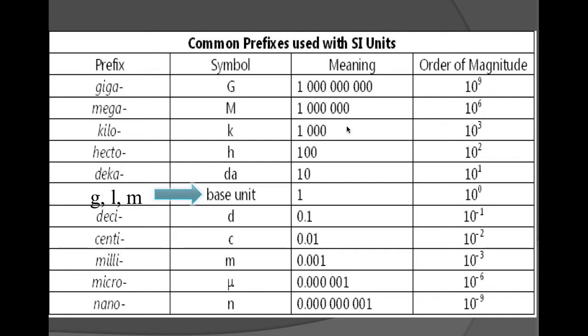So it's like 1,000. If we went lower, below the base unit, then we would have, for example, milli. We would go over here and we would realize that we had an order of magnitude of 10 to the negative 3, and that is equivalent to 2 zeros in front of the 1.